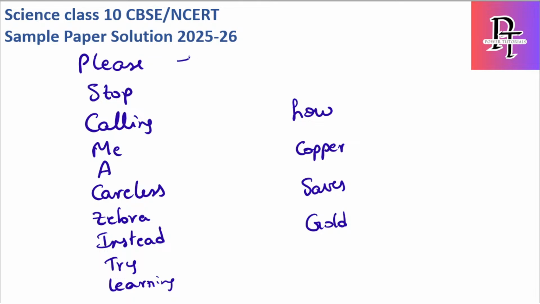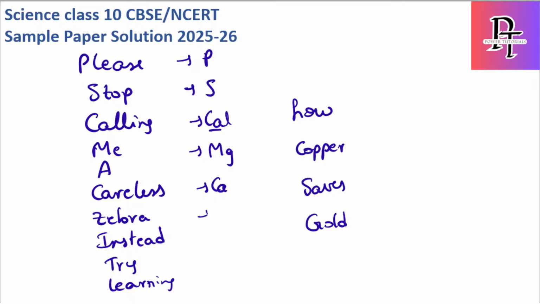So how to remember? P is phosphorus, S is sulfur, calling is calcium, M is magnesium, which is Mg, careless here is carbon, calcium, so that's Ca.